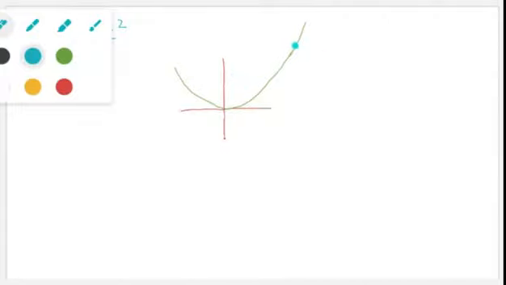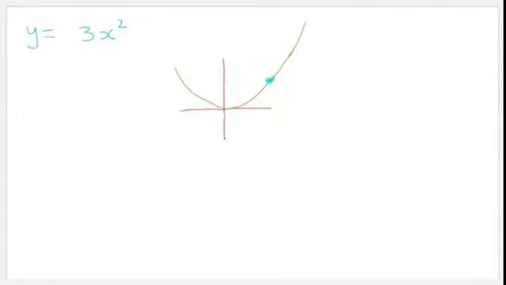So I've got 1 point here where I call it x for my x coordinate. And then my y coordinate is going to be y, but y is equal to 3x squared. So I'm going to write 3x squared for my y coordinate. Now I'm going to take another point a little bit further along, and it's going to be x plus a little bit more.